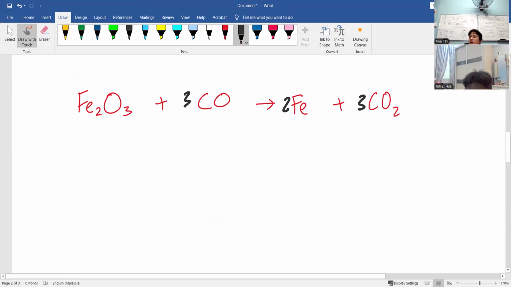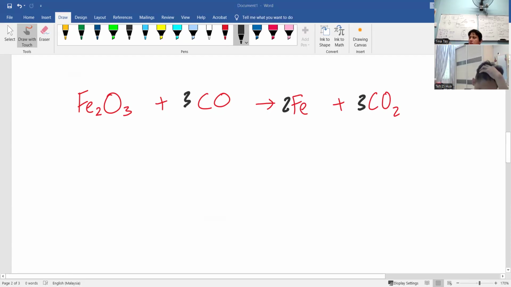Write it down. Who is oxidized? Who is reduced? Who's the oxidizing agent? Who's the reducing agent? Let me copy first.